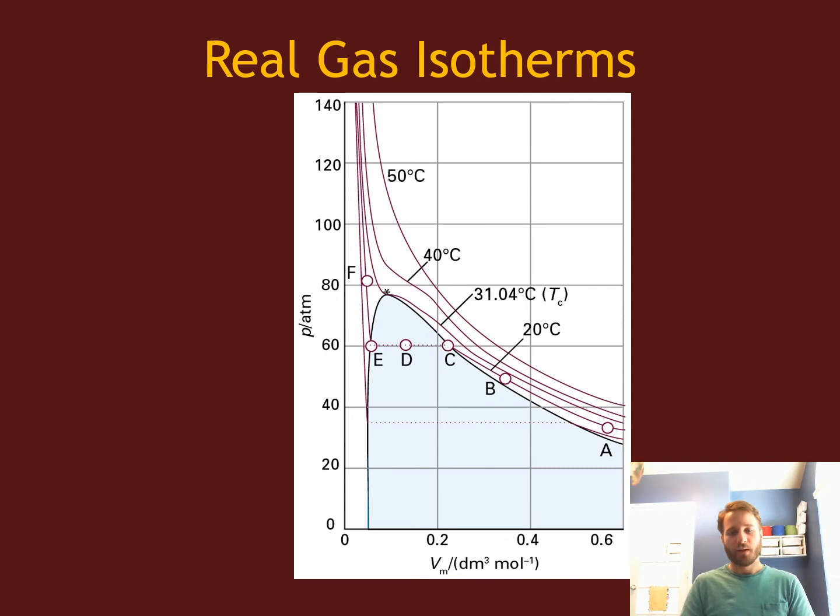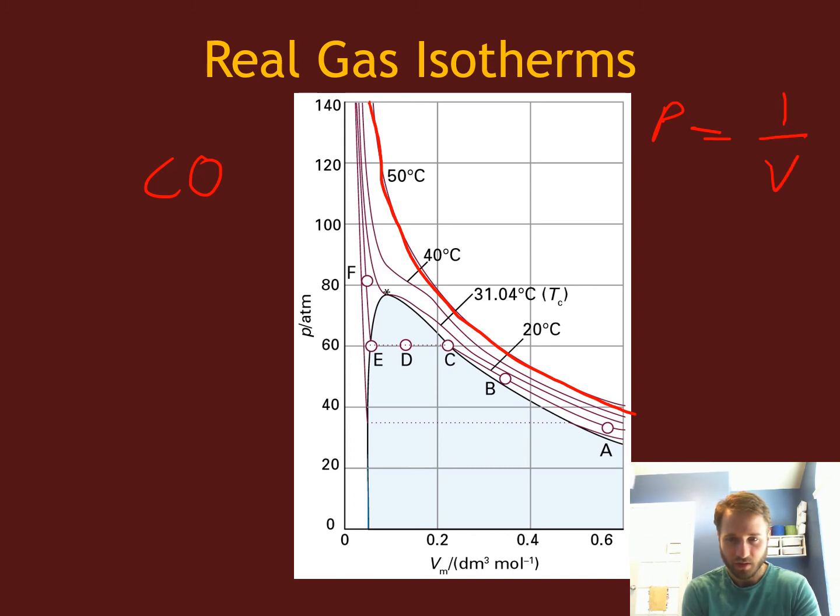Okay. So finally, let's talk about another example of differences between ideal and real gases. This is an isotherm for, I believe, carbon monoxide, CO. So these are different isotherms. For example, in this top isotherm that I'm outlining, this is essentially what an ideal gas behaves like, because for an ideal gas, pressure is proportional to 1 over the volume.